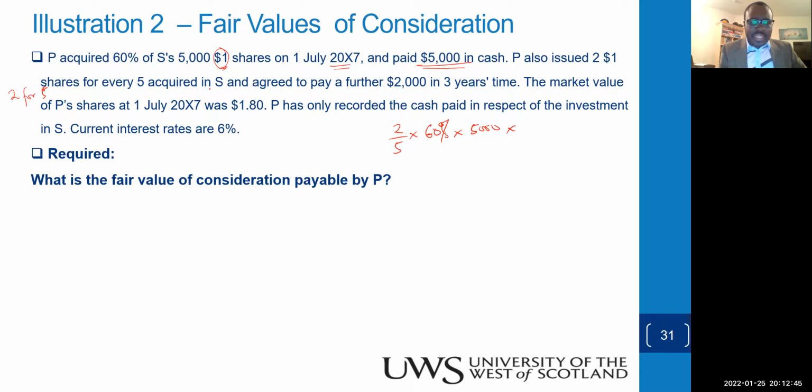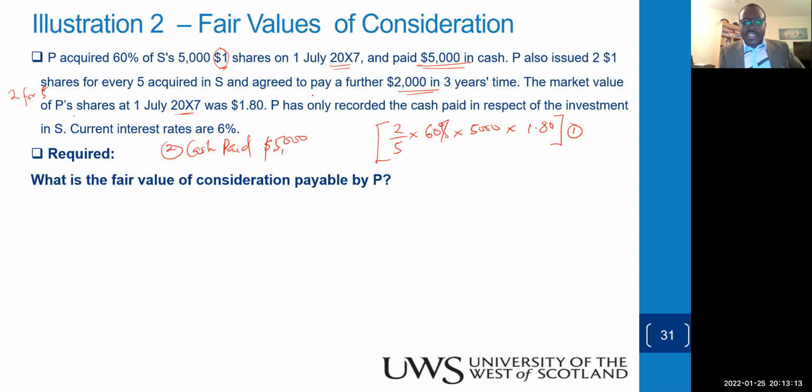It goes on to say they agree to pay a further 2,000, a deferred cash, in 3 years' time. So P shares at 31st July, the date on which we acquire, was 1.8, so times 1.8. This is number one. Number two, we pay the cash of 5,000. This is straightforward.